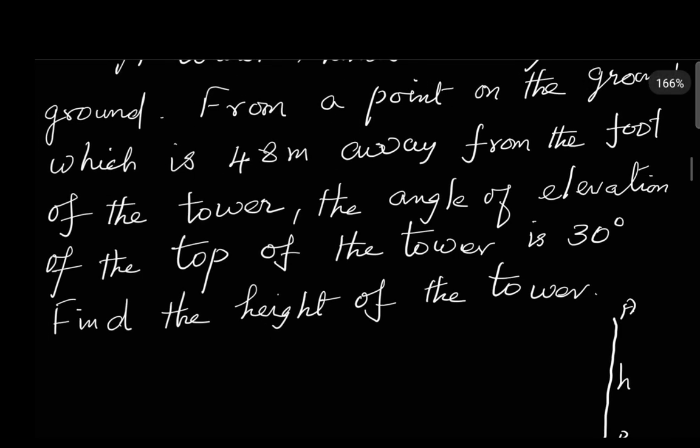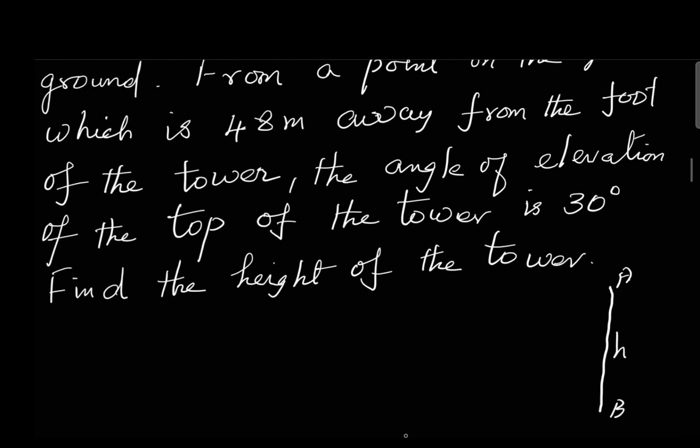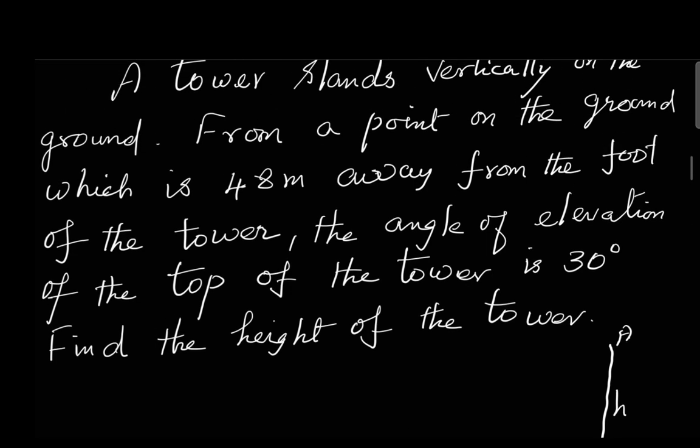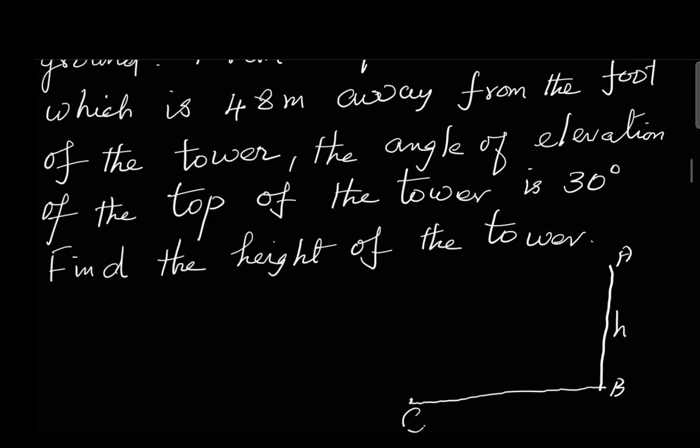A person, from a point, suppose let me take a person here, C. The person is standing on the ground. So we connect this person with the foot of the tower, who is standing 48 meter away from the foot of the tower.